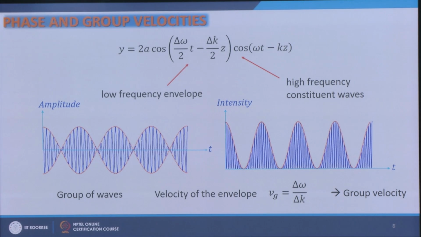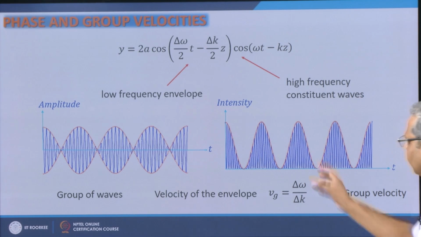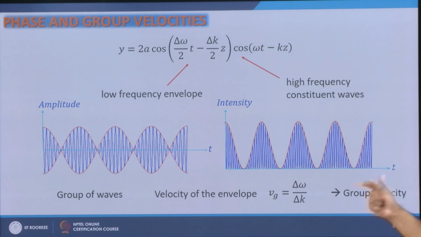So, this is group velocity. So, this group of waves travel with velocity Vg, which is delta omega over delta k.